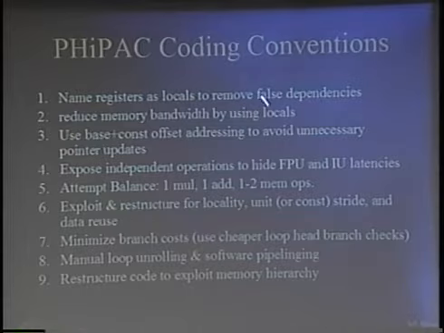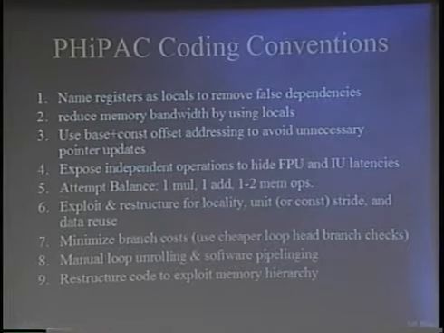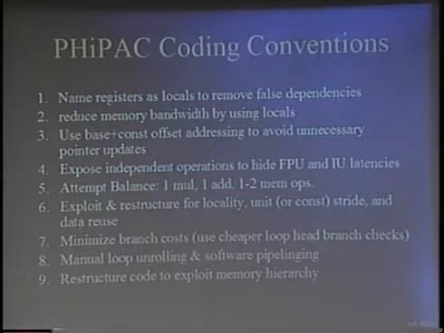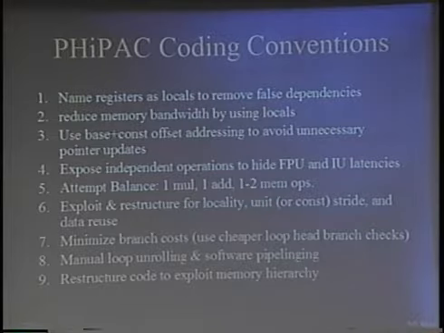And just briefly, the coding conventions are things like naming registers specifically as local variables so that you remove false dependencies, things that essentially can't be removed otherwise in the C programming language. Locals can essentially be allocated in registers by the compiler so that we reduce the register memory bandwidth requirements by having things locally where we want them to be.